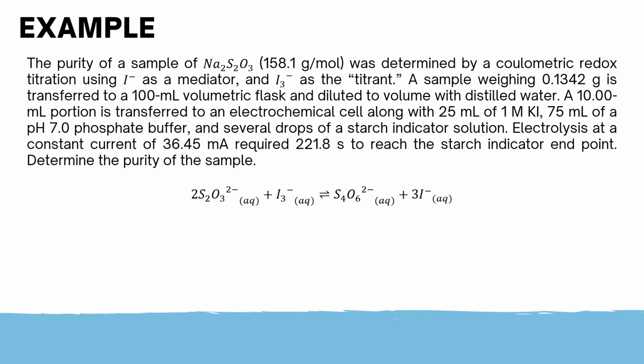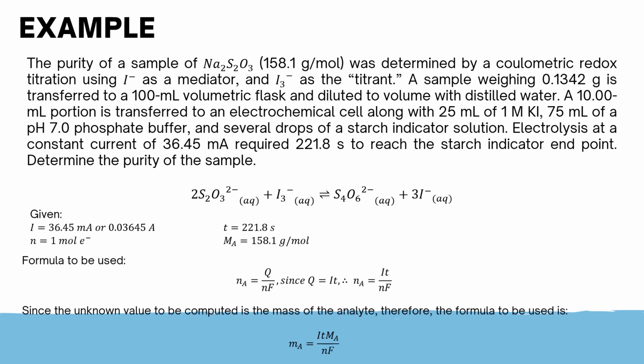Now, we list the givens of the problem, which are the current, which is 36.45 milliamperes or 0.03645 amperes, the number of electrons, which is 1 mole of electrons, the time, which is 221.8 seconds, and the molar mass of the sodium thiosulfate, which is 158.1 grams per mole.